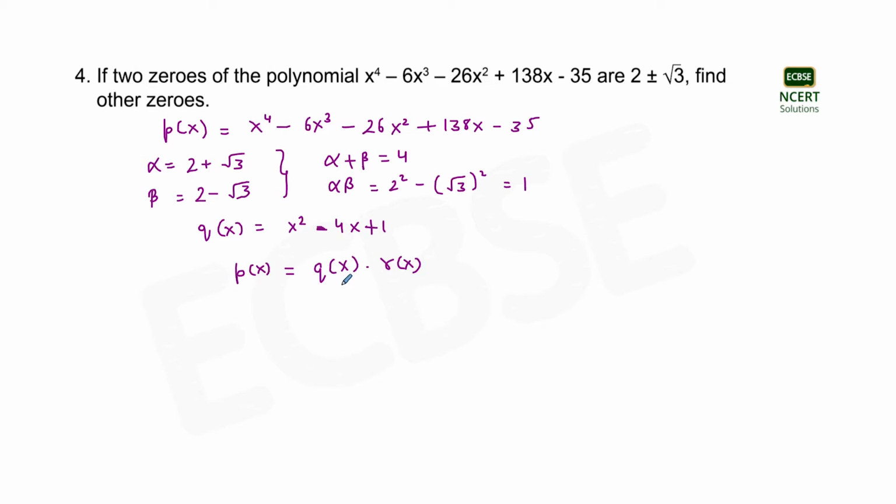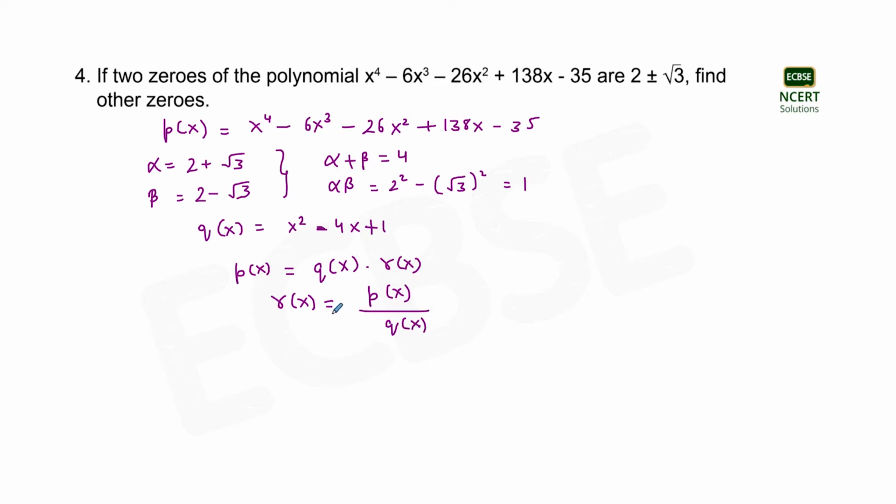The two zeros 2 ± √3 are contained in the quadratic polynomial q(x), and the other two zeros of p(x) must be hidden in r(x). So to find r(x), we have to divide p(x) by q(x).